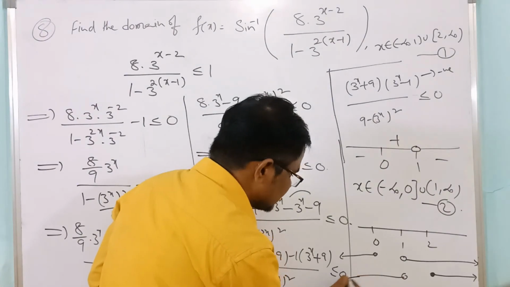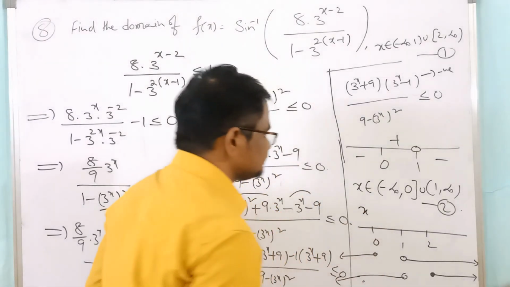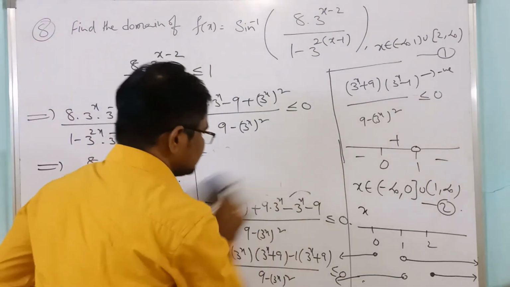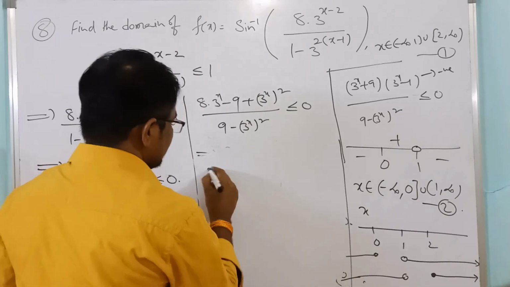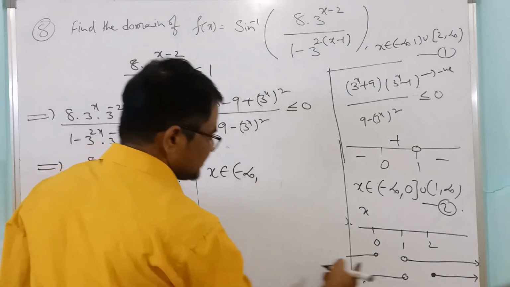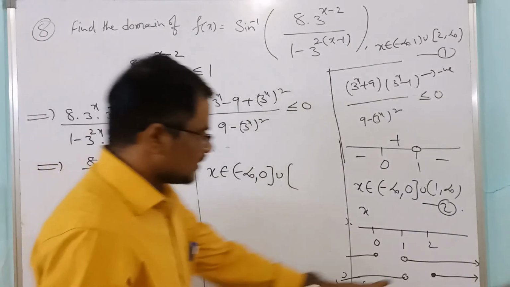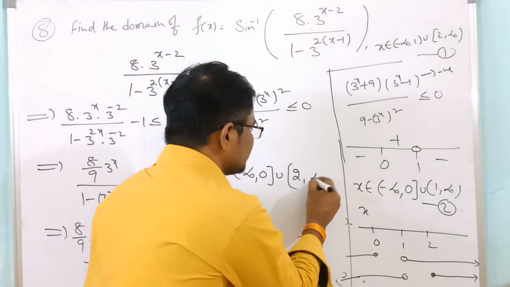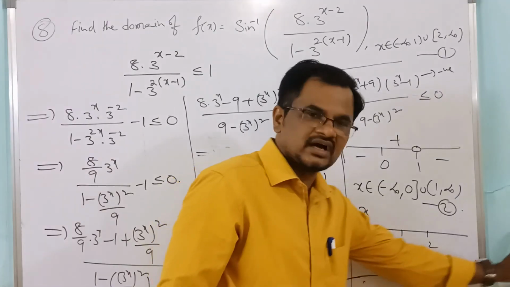This is less than this one, means x belongs to minus infinity to closed interval 0 union closed interval 2 to infinity. So here to here common area is there, here to here common values are there.